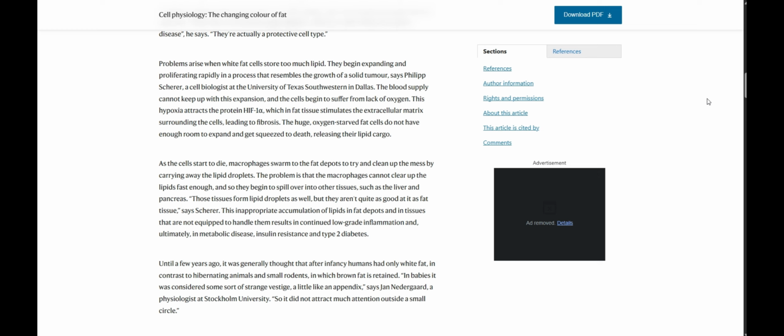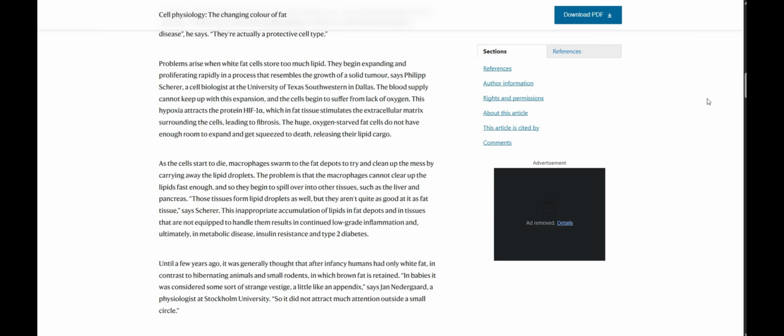Problems arise when white fat cells store too much lipid. They begin expanding and proliferating rapidly in a process that resembles the growth of a solid tumor, says Philip Scherer, a cell biologist at the University of Texas Southwestern in Dallas. The blood supply cannot keep up with this expansion, and the cells begin to suffer from lack of oxygen.